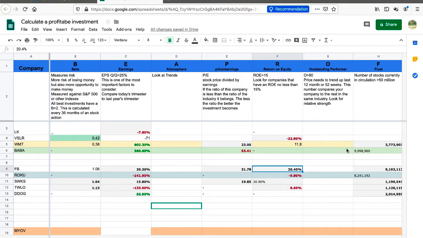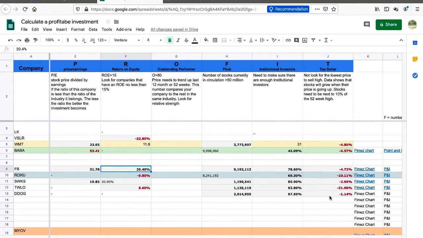Okay, the rest, outstanding performer, I'm going to skip because I didn't find that to be a heavy indicator of whether a stock is good or bad to buy or sell. The float, a lot of studies say that you want stocks that are less than 50 million shares selling and buying out there.